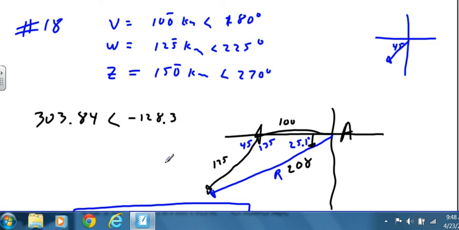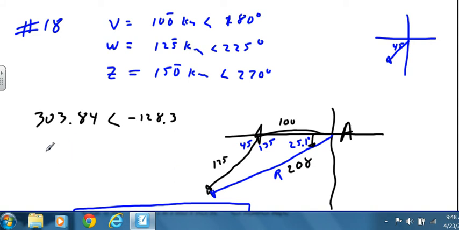I'm going to take the minus 128.3 and add 180, so that'd be 51.7, and then subtract 90 to get 38.3.